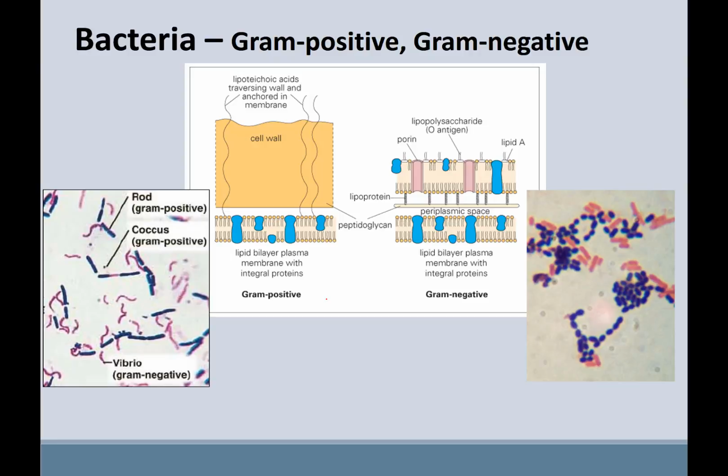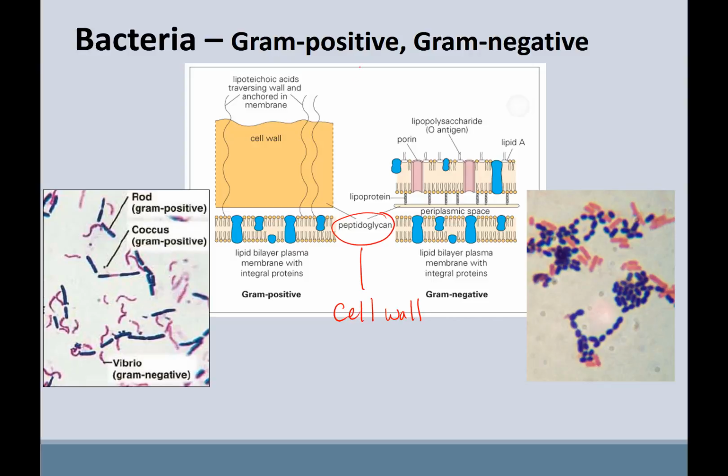So again, something unique about bacterial cells as compared to eukaryotic cells is that they have this outer cell wall made of a component called peptidoglycan, which means peptides and sugars, or amino acids and sugars.